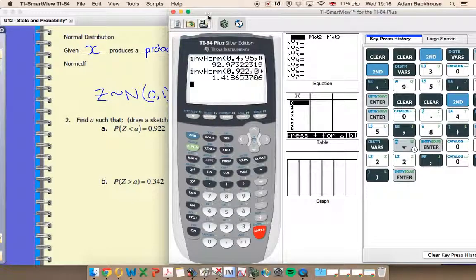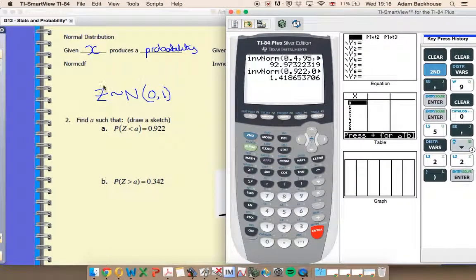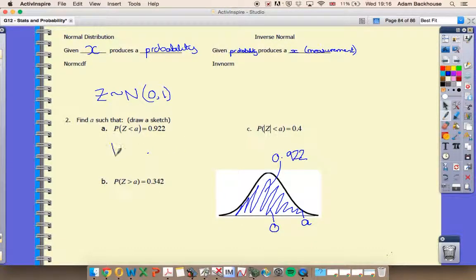Okay, and we've stated that up here. So there we go, there's our a value, 1.42. If we were making sure we're showing our workings correctly, we would have this that was given to us, and then we'd have our answer.